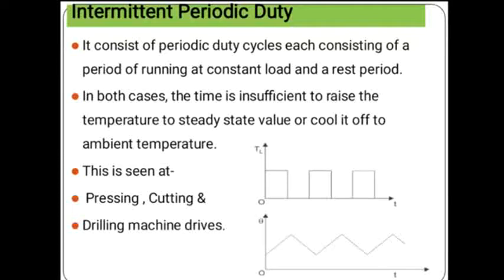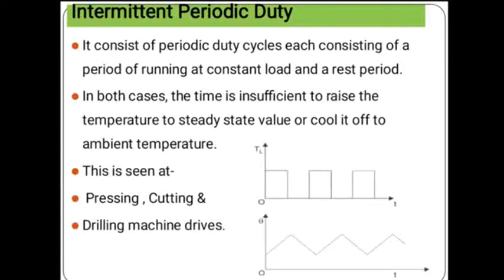That means neither is the duration of the running period sufficient to raise the temperature to a steady state value, nor is the rest period long enough for the machine to cool off to ambient temperature. In both cases the time is insufficient to raise the temperature to steady state value or cool it off to ambient temperature.